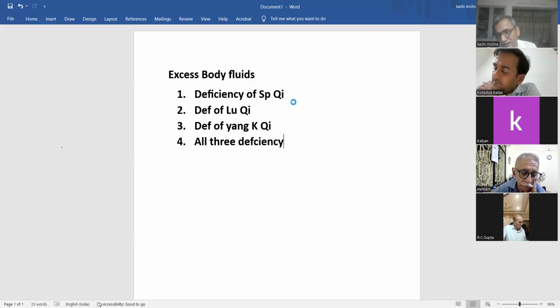What else? Heat, humidity, hotness also. You can tonify all this and sedate cold. You can sedate dryness also, depending on the severity.